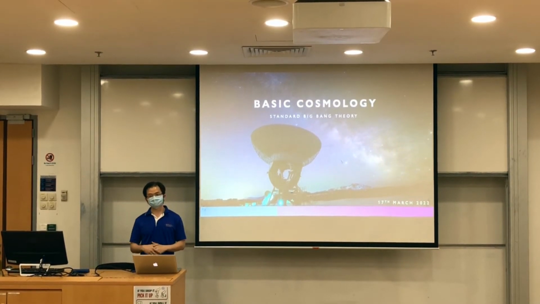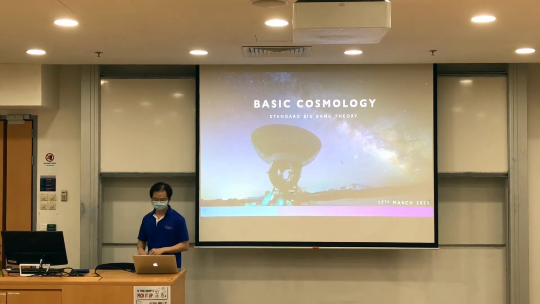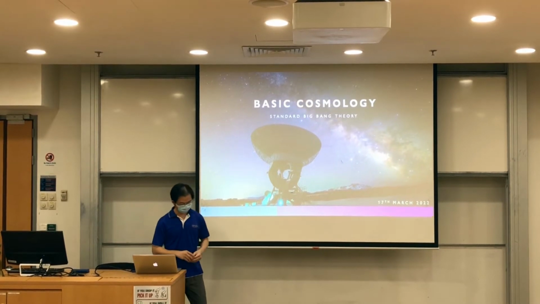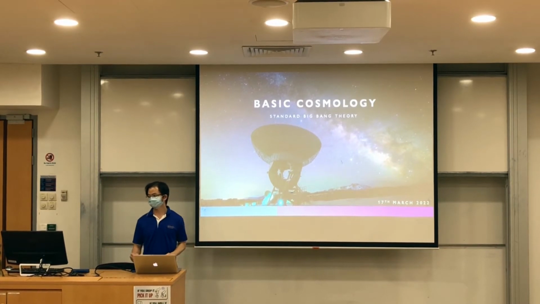So that's why I choose to do physics for my PhD. To be very frank, when I was in secondary school and in JC, my chemistry score is actually better than my physics score. So physics was not my strongest subject. Even my secondary school biology is one of the best subjects.